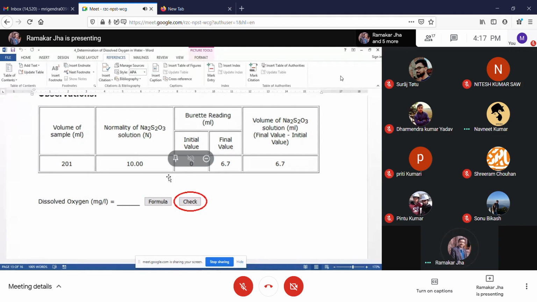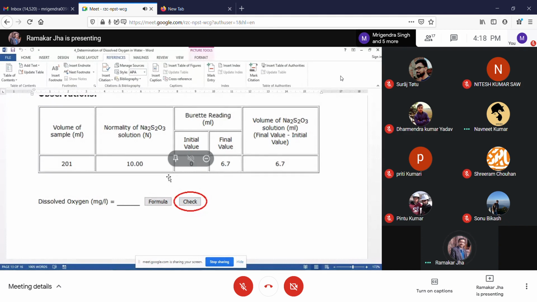Then when we did the standardization to find out the normality of sodium thiosulfate, it was 9.8. That's why we are taking it as 10. The first reading was 0 and the final reading was 9.8, so it is approximately 10. So the normality of sodium thiosulfate we have already observed is 10.